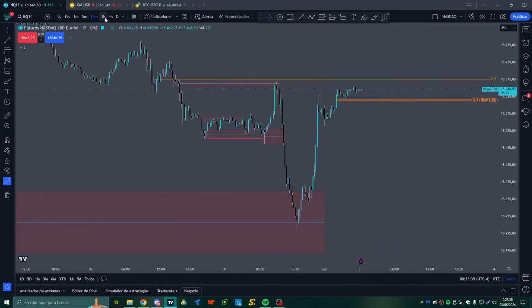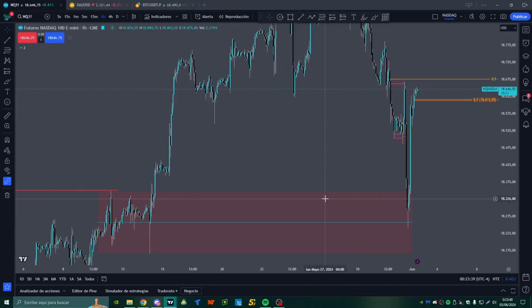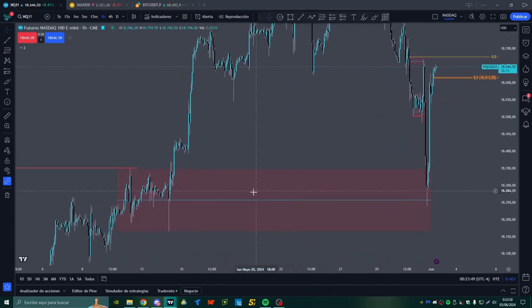And these are areas where we assume there is positioning. That's why they are supply and demand areas. We are working with real market positioning, not just guessing. We won't work like that. We will see things with the understanding of knowing where institutional players are positioning themselves.